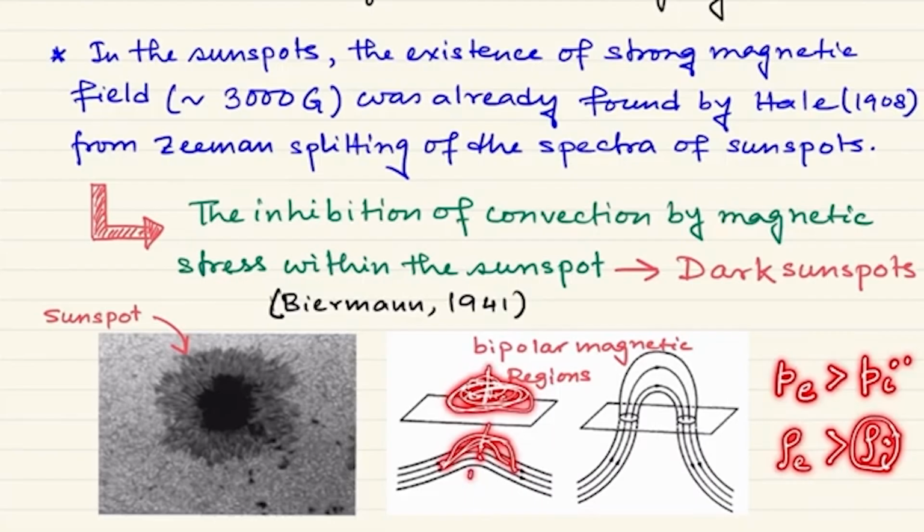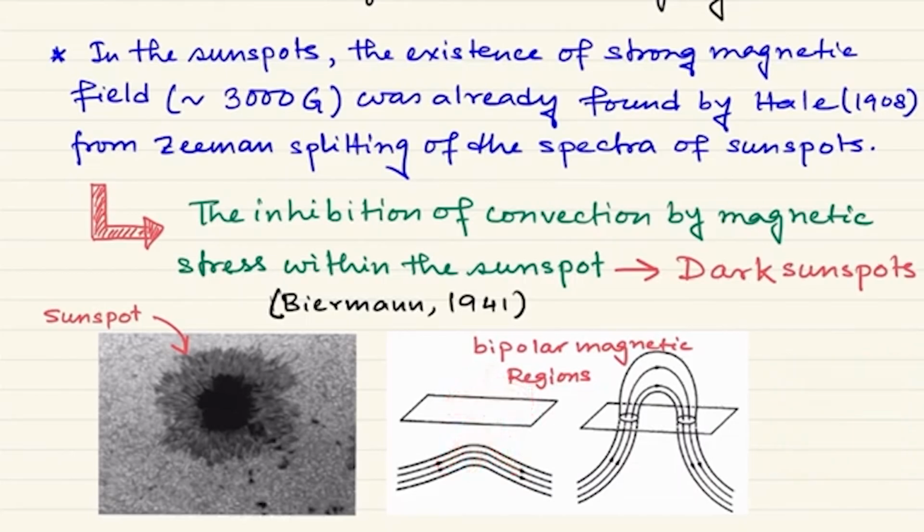This plasma will try to get out due to buoyancy, and this is known as magnetic buoyancy.